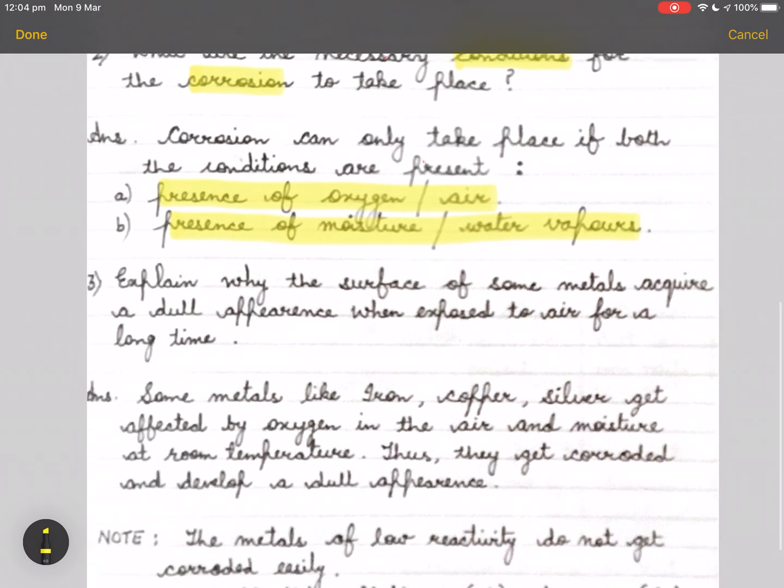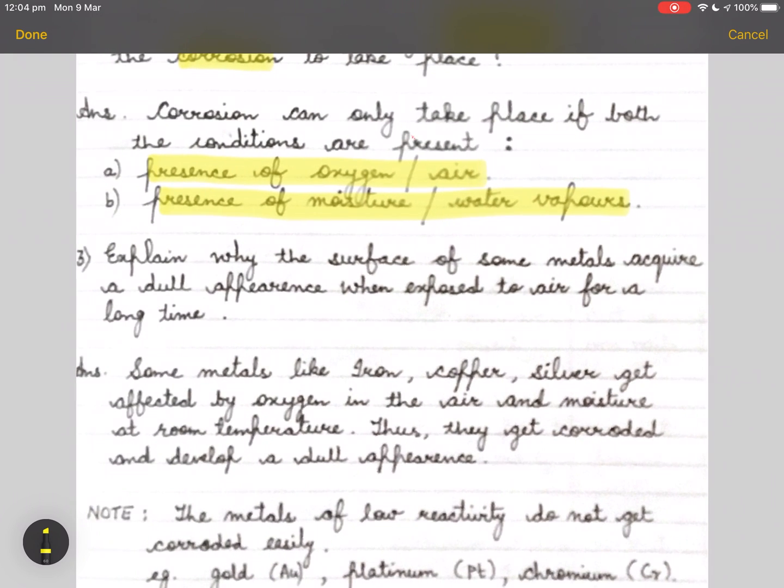Now, another important board question you can get is, explain why the surface of some metals acquires a dull appearance. As I said before, corrosion will destroy the texture of the metal. It will no more remain shiny. As I said, copper may develop green color, silver articles will become black, and the brown color of the iron becomes reddish brown.